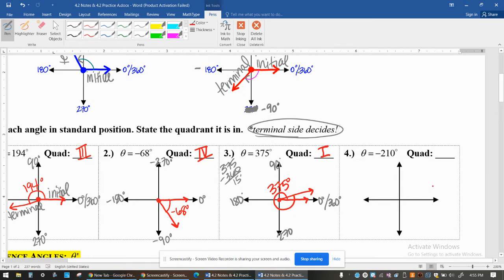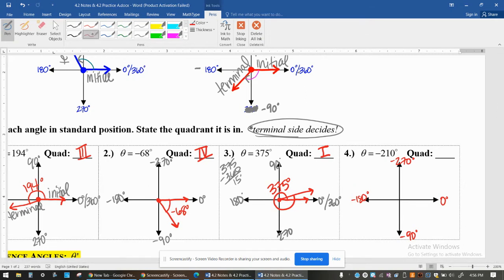And then last but not least, we've got negative 210. So this is a negative angle. So we're going to go down and around. So 210 is actually closer to 180 than it is to 270, right? Because 210 and 270 are 60 degrees apart, but 210 and 180 are closer.